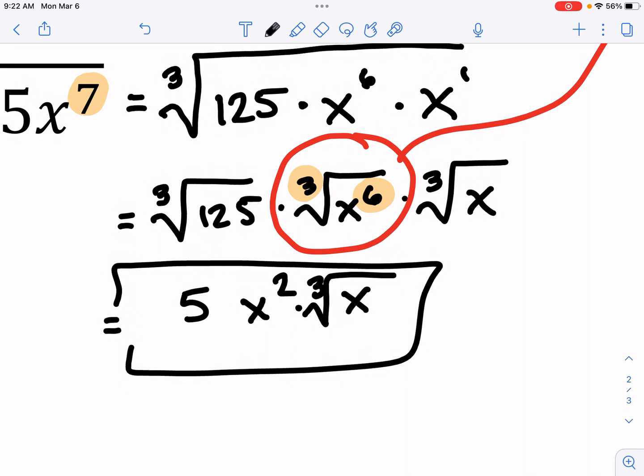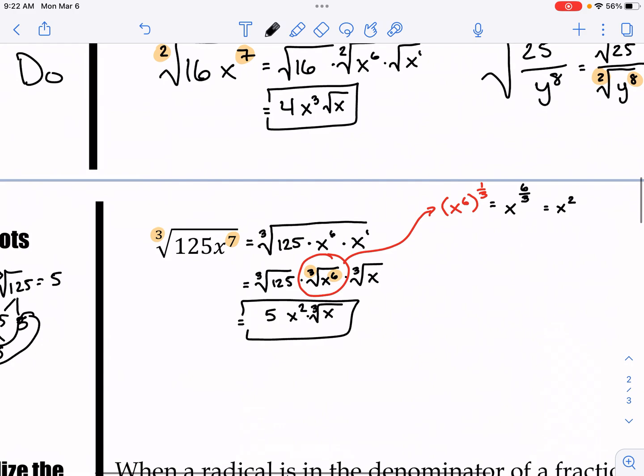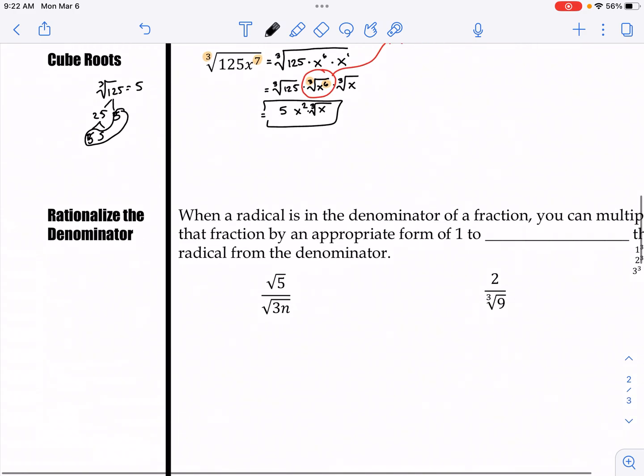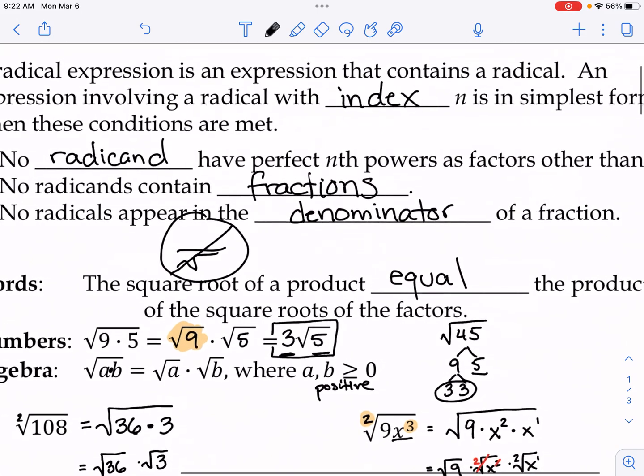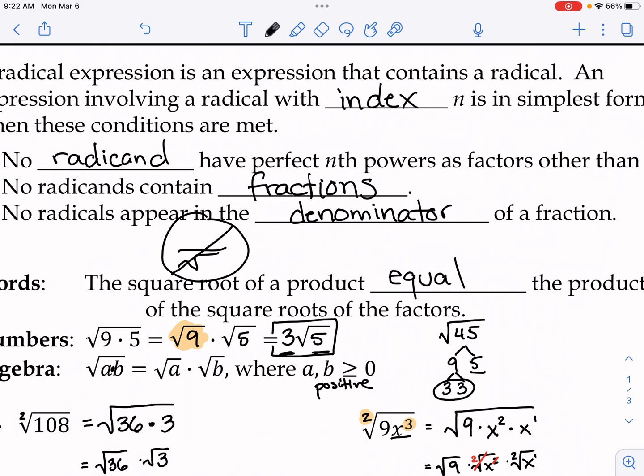Okay. And then the last part that we have here is what we call rationalizing the denominator. Now this is all dealing with item number 3. No radicals appear in the denominator of a fraction. Now, if you ask me, I'm not the biggest proponent of rationalizing the denominator. The purpose of rationalizing the denominator is so that there's some standard answer.